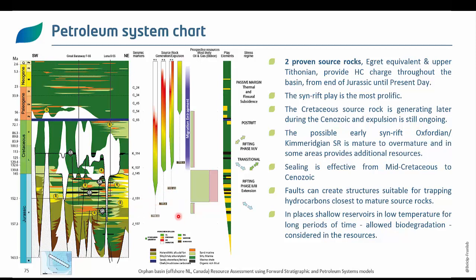They constitute the main prolific system with most of the hydrocarbon. The Cretaceous source rock is there, and it's generating later during the Cenozoic, and expulsion is still ongoing. The possibility of a Kimmeridgian-Oxfordian source rock exists. It's mature to over-mature in the area and provides additional resources that we put in some of our models.